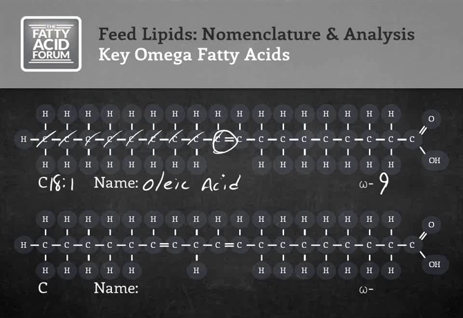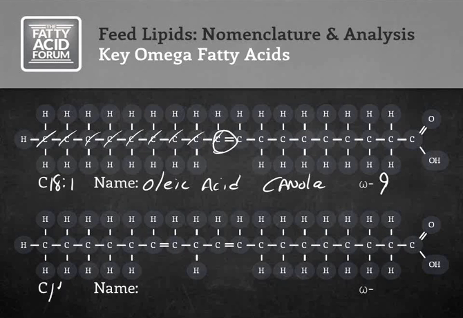Common fatty acid in the feed, it's called oleic acid. And if you wanted to boost up the oleic acid content of a dairy ration, what would be a good fat source to use? If you were thinking canola oil, you would be right. It's a very good source of oleic acid, or this 18:1 omega 9.